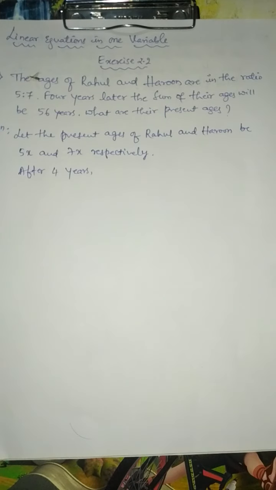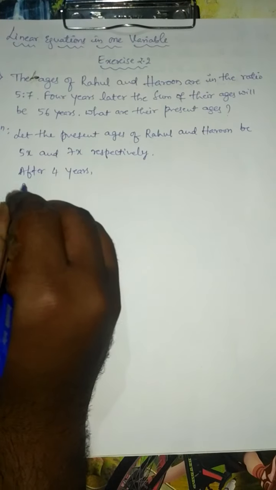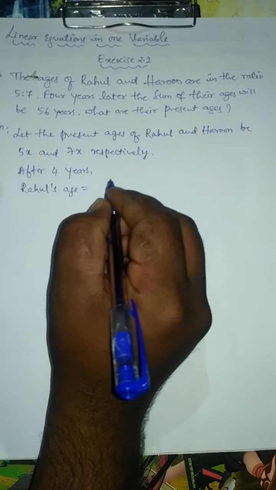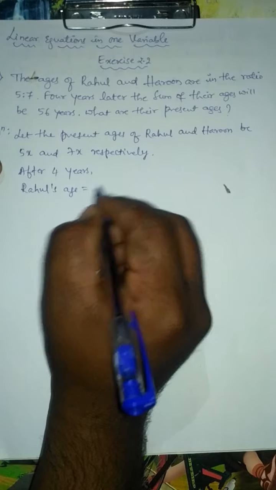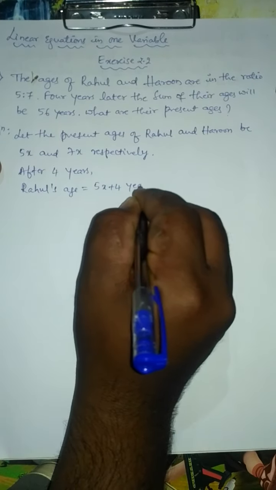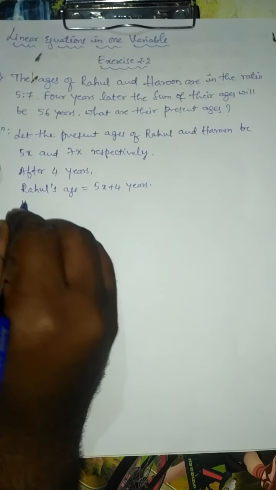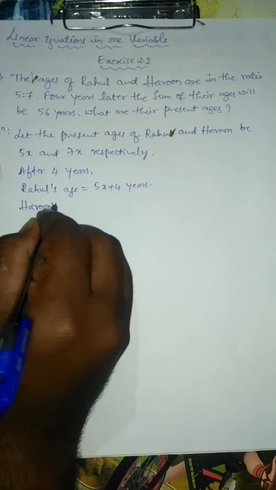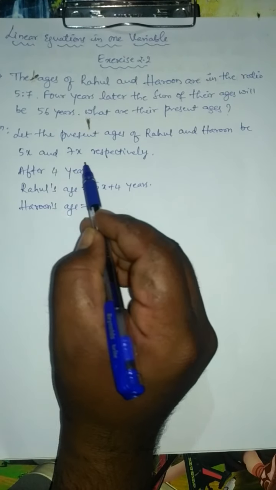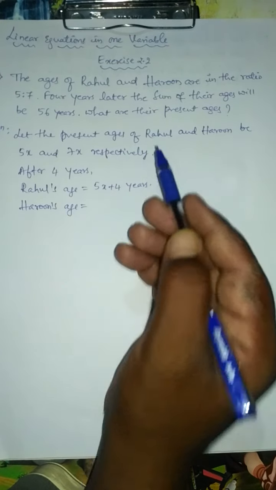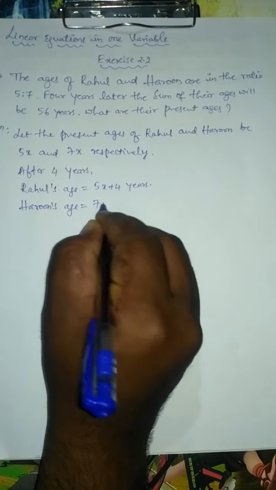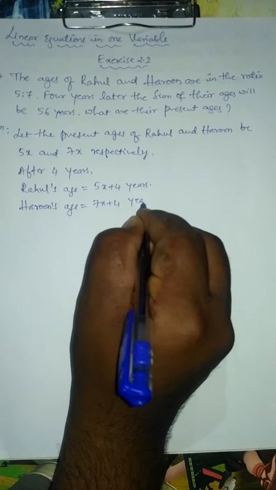After 4 years, Rahul's age will be, since the present age is 5x, 5x plus 4 years. And Harun's present age is 7x, so after 4 years his age will be 7x plus 4 years.